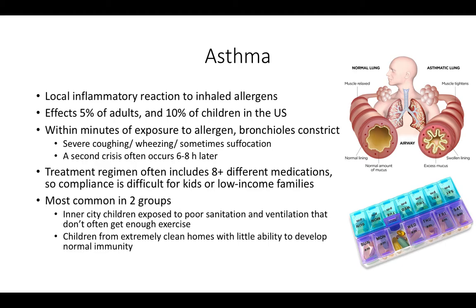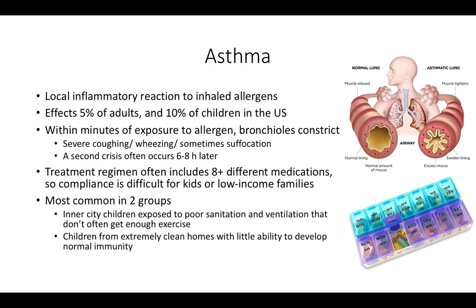The problem with asthma is that the treatment regimen often includes more than 8 medications, and so compliance is really difficult for little kids who don't really understand the impact of the medications or aren't necessarily responsible enough to stick with their medications, or low income families that either can't afford the medications or don't have access to the education that they need regarding the benefits of the medications.